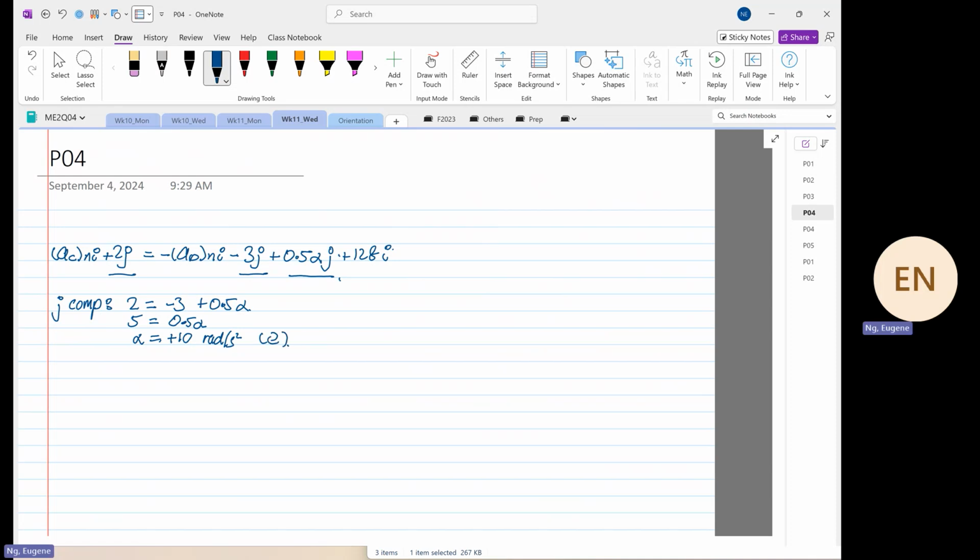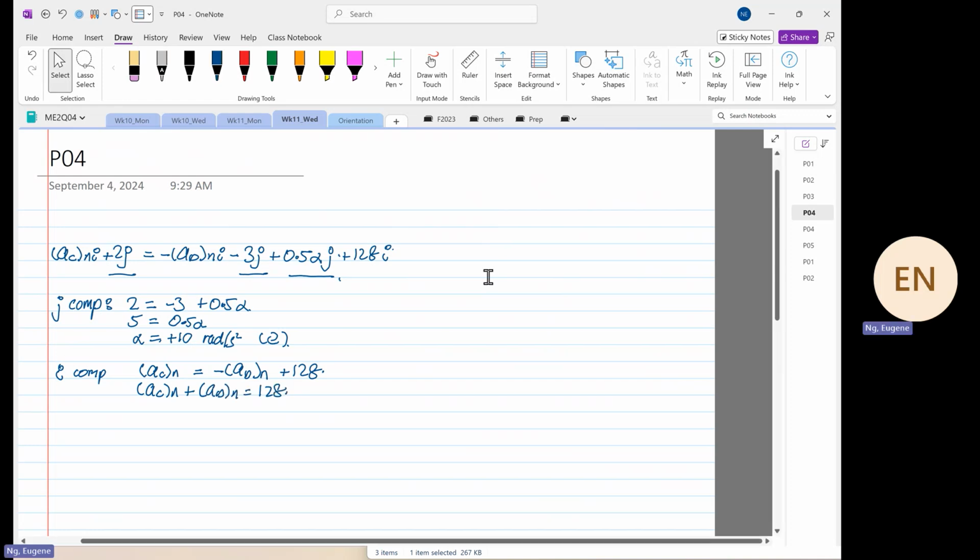And then if we look at the I component, we will have ACN is equal to minus ADN and then plus 128. So ACN plus ADN is equal to 128.